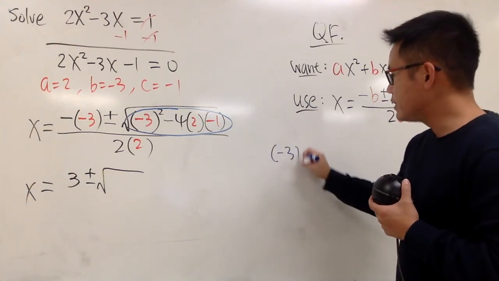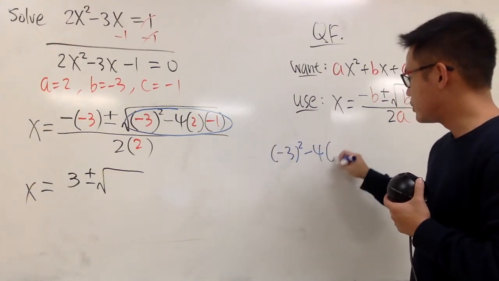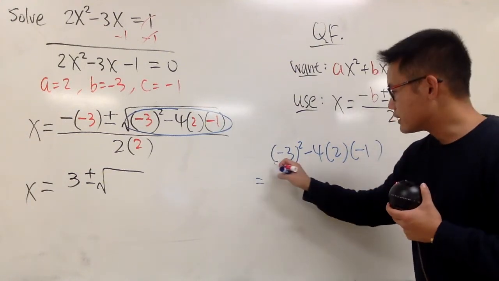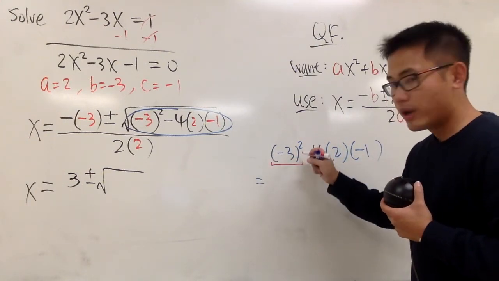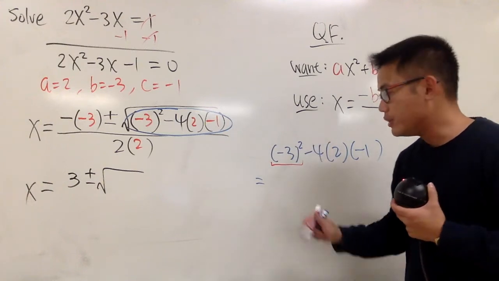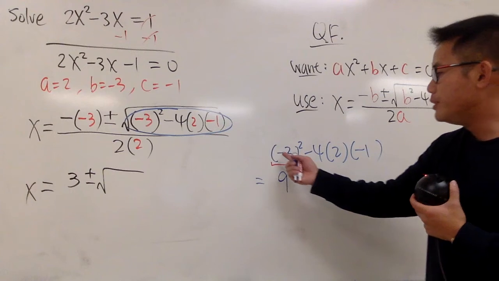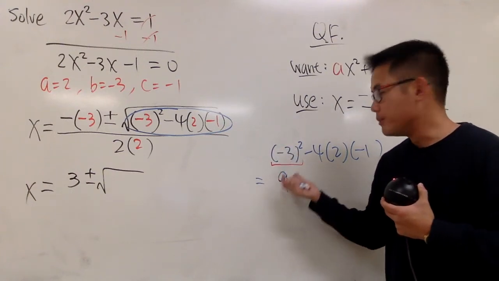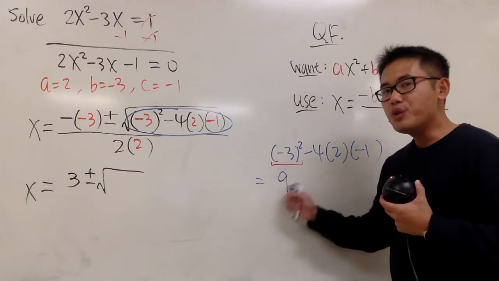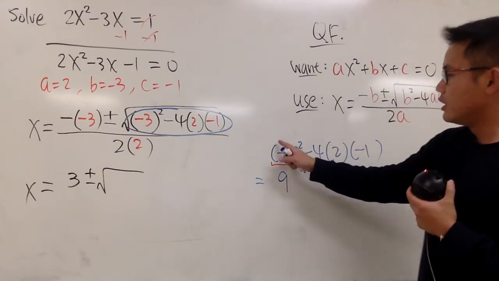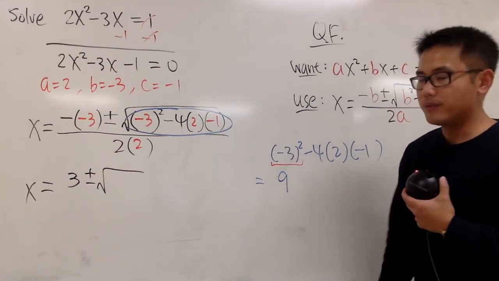So we have negative 3 squared minus 4 times 2 times negative 1. First we worked out negative 3 squared, negative 3 times negative 3 gives us positive 9 right here, okay? And be sure you use the parentheses when you set this up, because if you don't have the parentheses, you will end up with negative 9. That's not correct. And if you're using a calculator, use the parentheses right here as well.